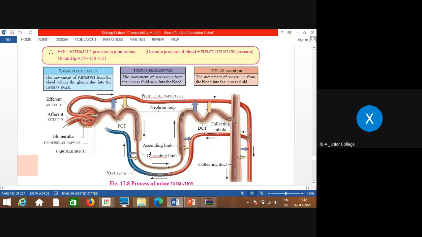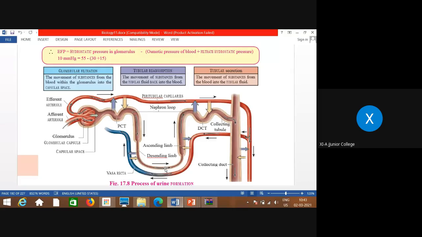Then one more thing you have to remember: the descending limb is permeable to water, but the ascending limb of the loop of Henle is impermeable to water but permeable to electrolytes or ions, and this helps in making the urine concentrated.